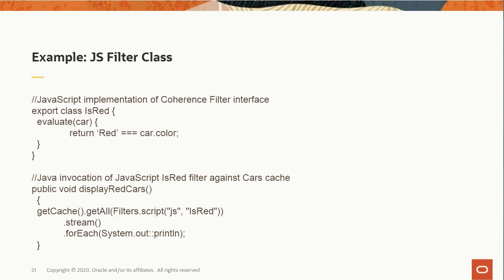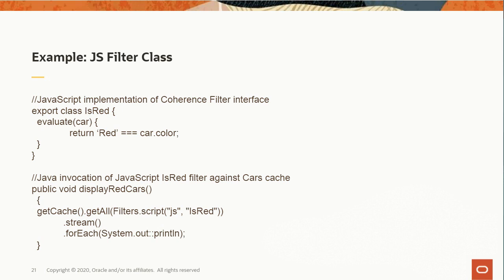So here's a JavaScript filter class that basically returns true if a car is red, using JavaScript's syntax for string equality on the color attribute of a car. And then here is an example of Java code invoking that JavaScript filter against a cars cache, finding all of the red cars and printing each one.